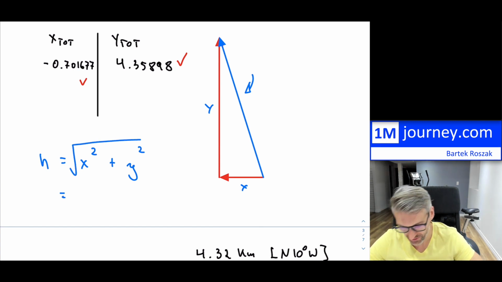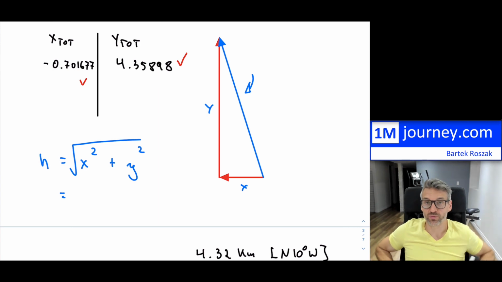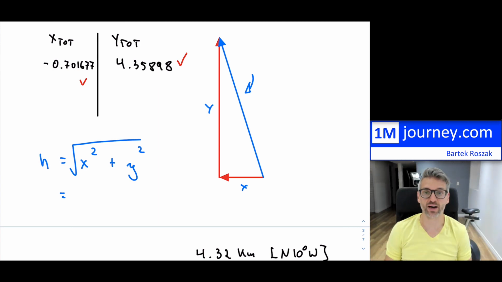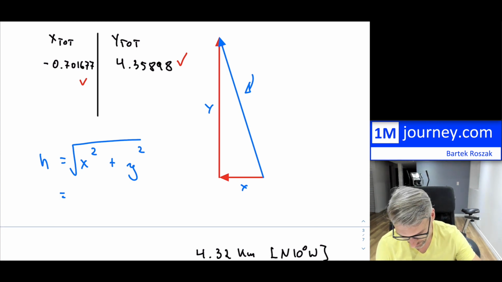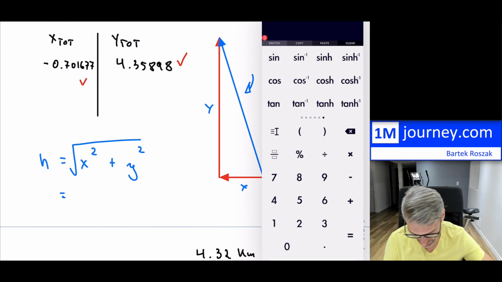So this is nothing new. This will probably date you back way into elementary school, finding the Pythagorean theorem and using it here for vectors. So what does this actually give me? Since we're squaring it, we can treat it as positive, so that won't make a difference, because once you square it, the negative will be gone.